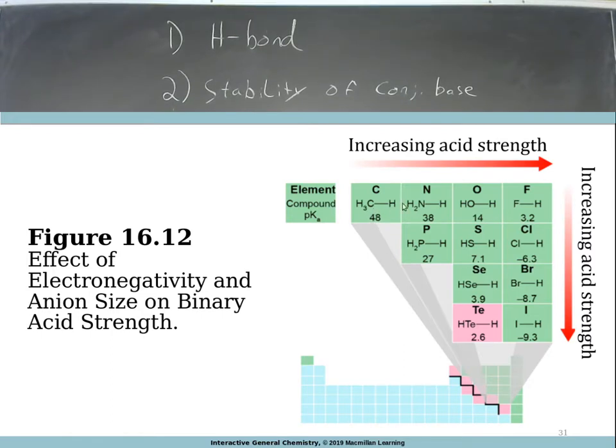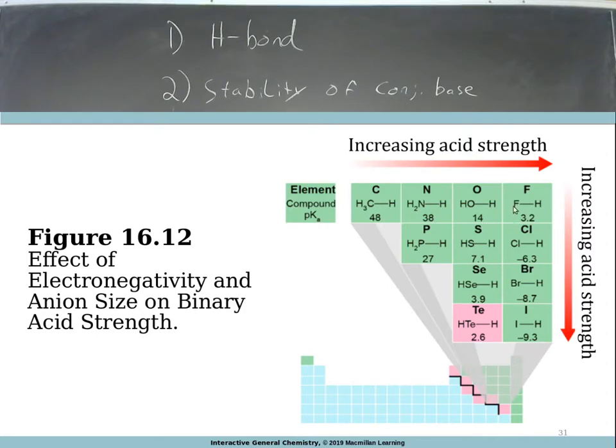And so the more electronegative the atom that binds to hydrogen, the weaker the hydrogen bond and the stronger the acid is. Another way to think of this is that the more polar the hydrogen-fluorine bond is going to make that hydrogen more likely to be donated in an acid-base reaction.